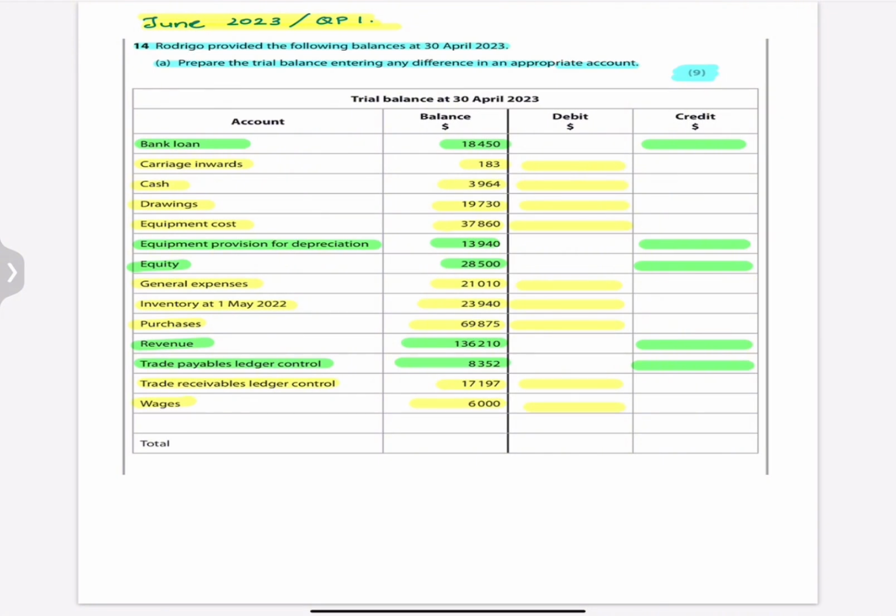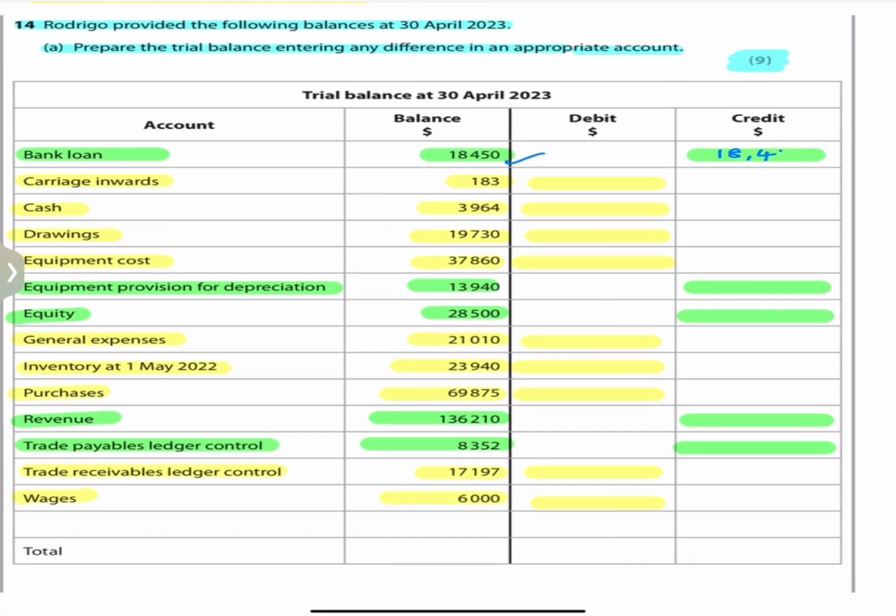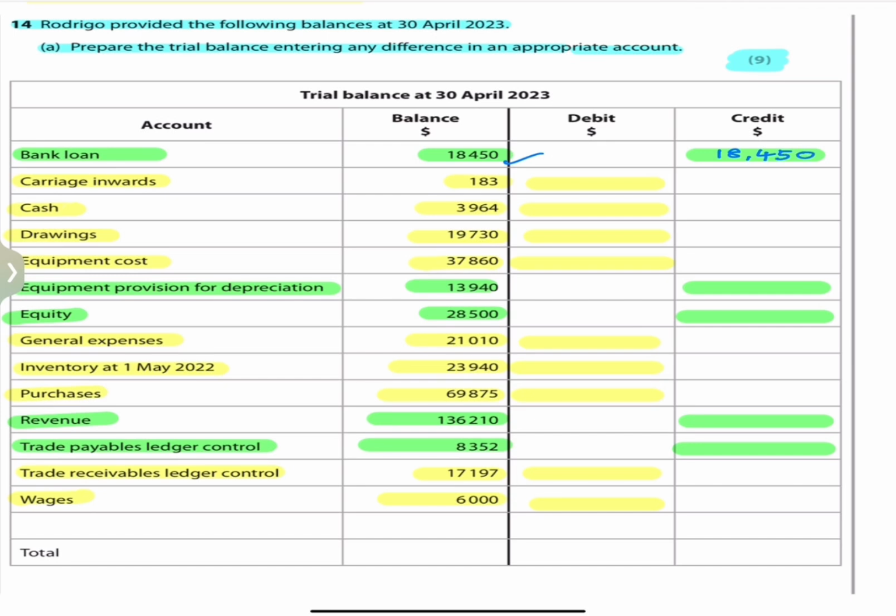Bank loan 18,450 credit. Carriage in 183 debit.